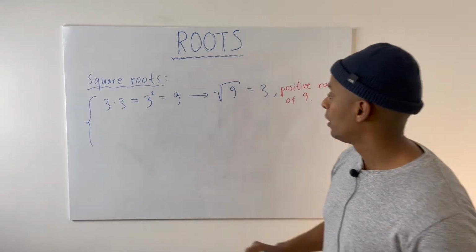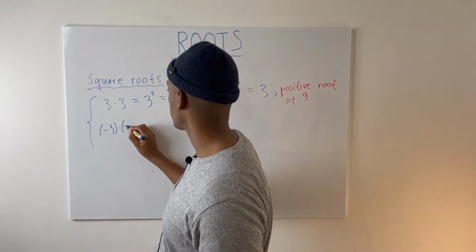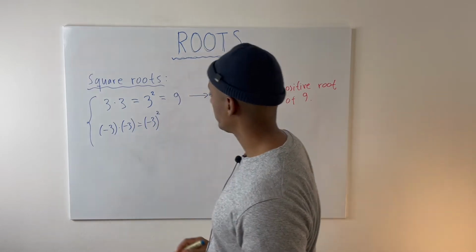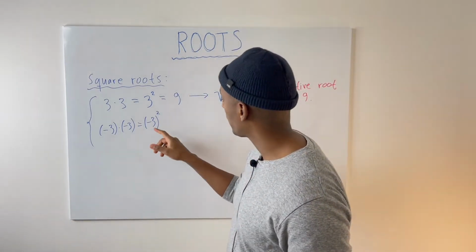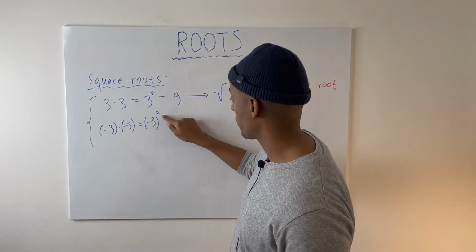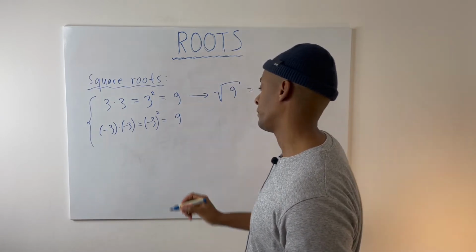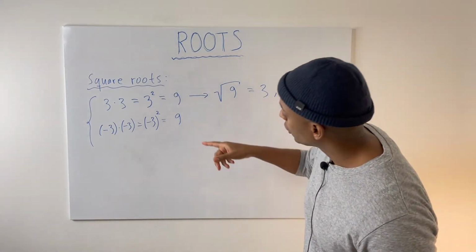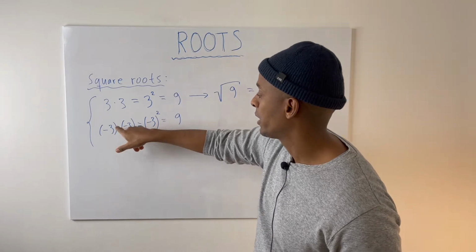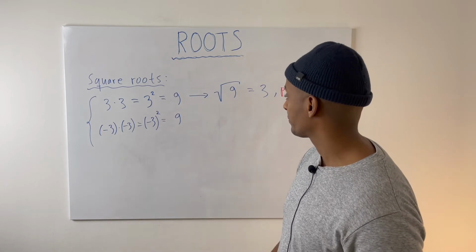But look here, guys. What if we took minus 3 times minus 3? That would be minus 3 squared, right? Because we are multiplying minus 3 with itself 2 times, 1 and 2 times. That's why we write a 2 here, and that's also equal to 9. Why? Because when we multiply a number that is negative with another number that is negative, the product is going to be positive.